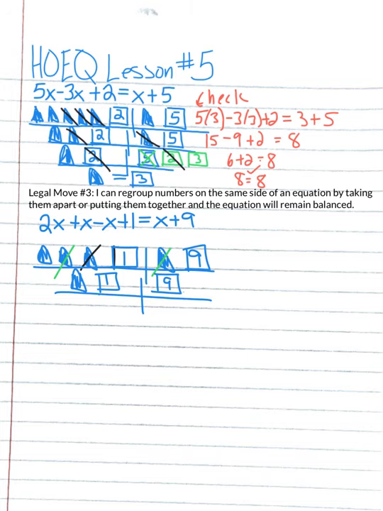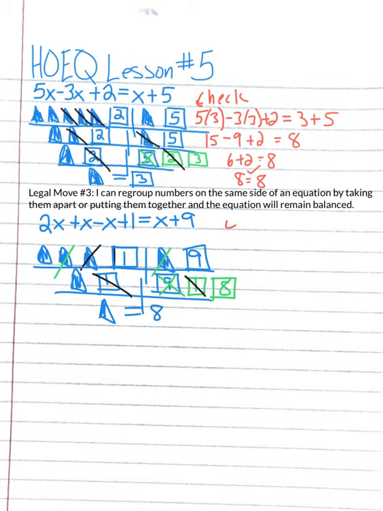Just as a reminder, this black one is from that minus x here, and the green are me taking them away from both sides. I'm going to go ahead and regroup that 9 into a 1 and an 8. Now I can take away 1 from both sides, leaving me with a triangle being equal to 8.